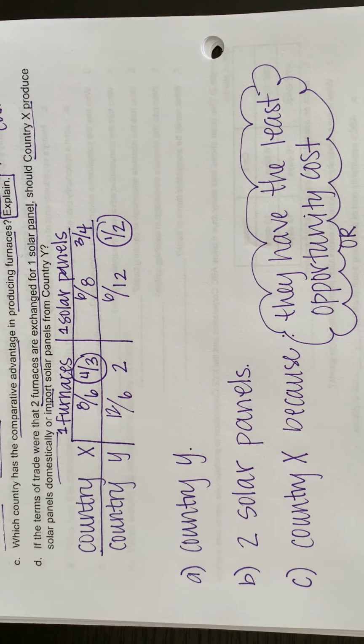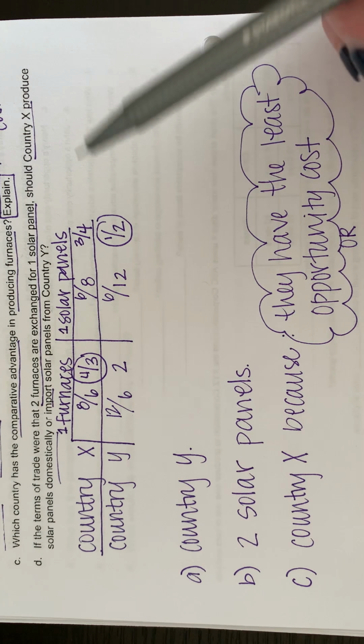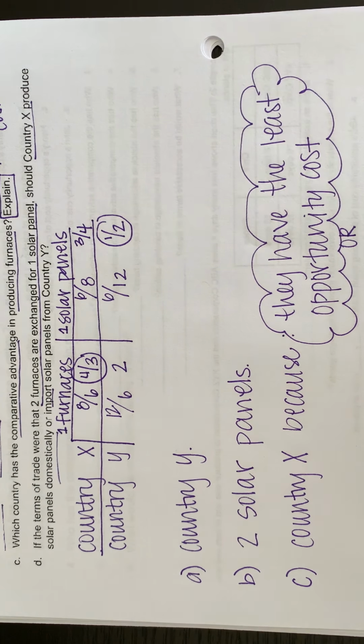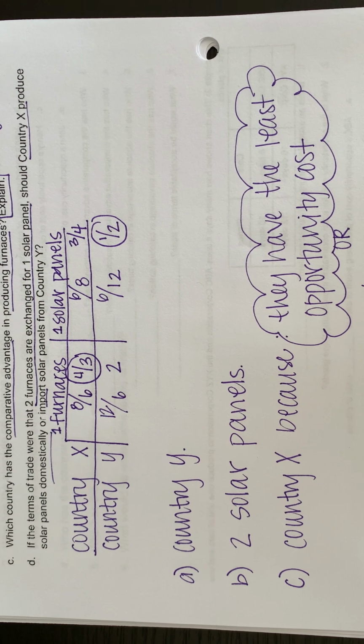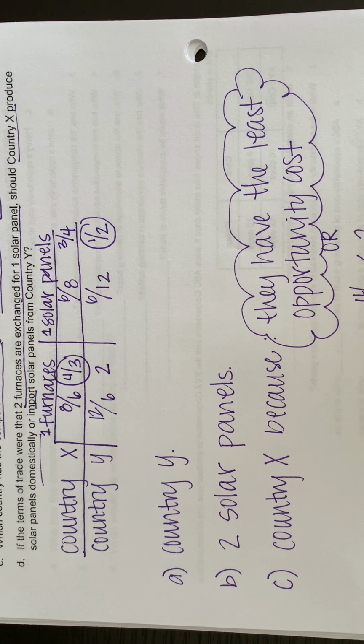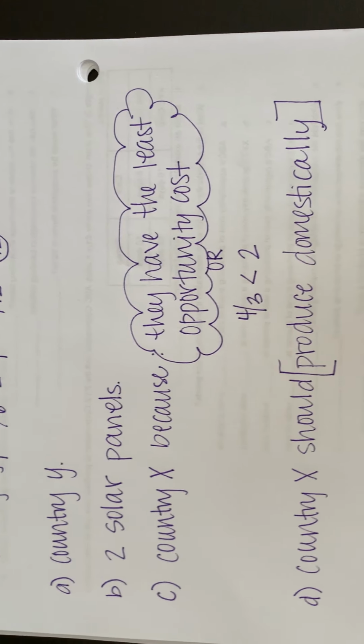So it doesn't make a lot of sense for country X to give up 2 furnaces for 1 solar panel, when if they can just give up 3/4 of a furnace for a solar panel, it makes much more sense for them to go ahead and just produce it domestically. So giving up 3/4 of a furnace for a solar panel is much better than giving up 2 furnaces for 1 solar panel. But again, you didn't have to have that. You should not have had that explanation because it did not say explain.